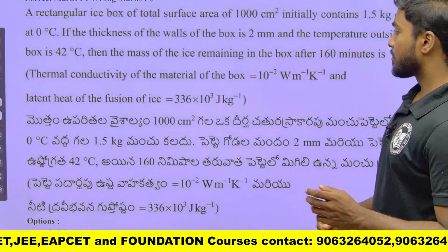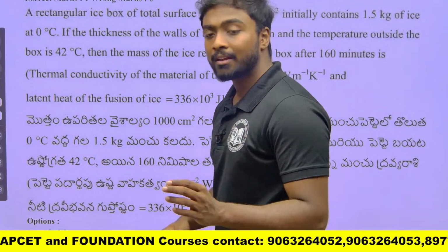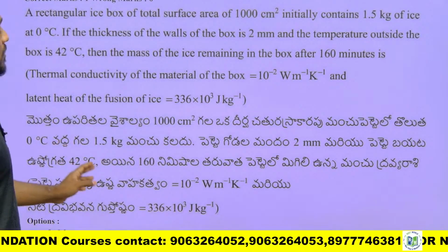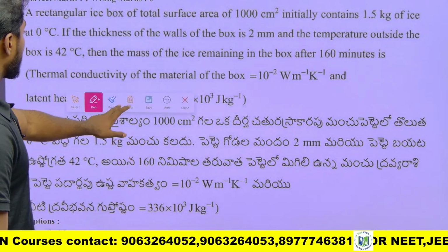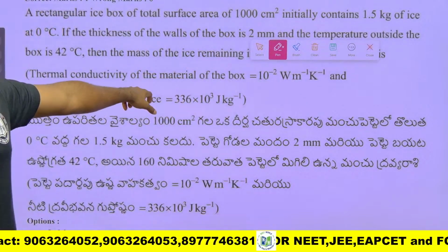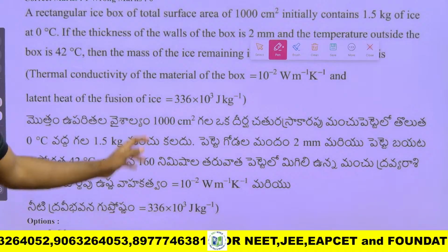Okay, so from this I can say that for the given question I can use these formulas. What are the things given? Thermal conductivity of the material is given, and latent heat of fusion is given.